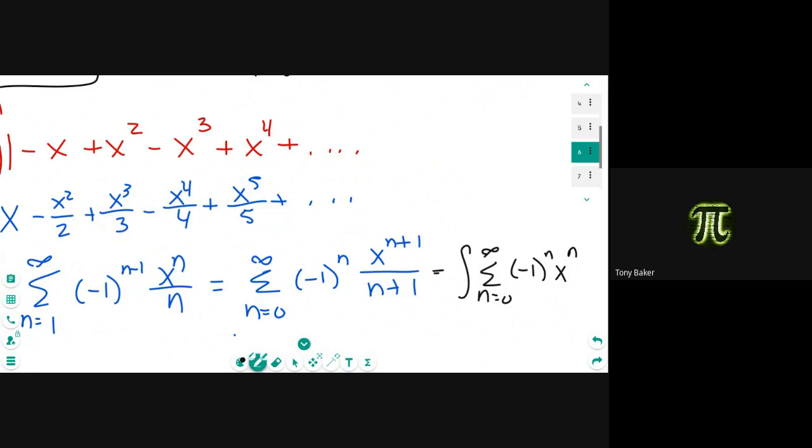What's the integral of x to the n? X to the n plus 1 divided by n plus 1. Is this like a proof? Is that what we just did? Well, no. We actually solved the problem that I originally was asking you to.